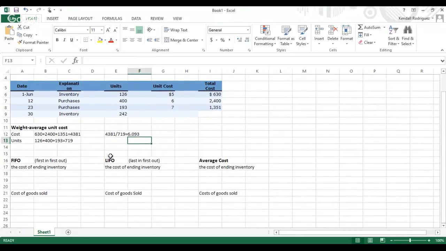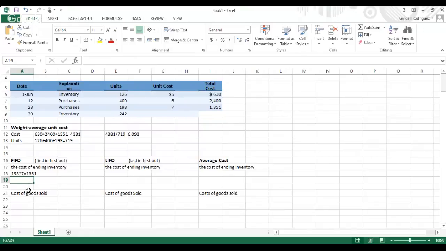And then it asks us to go for the FIFO, so first in, first out, the cost of the ending inventory. So that is when the earliest goods were sold first. And so what we'll do is, they had 242 left, and so 193 of this, the purchase on the 23rd, will be left, at $7 per unit. When you add those two up, you get $1351.